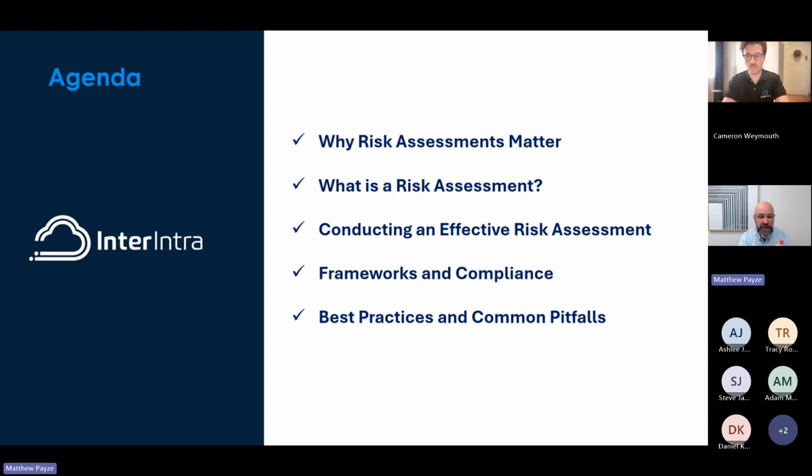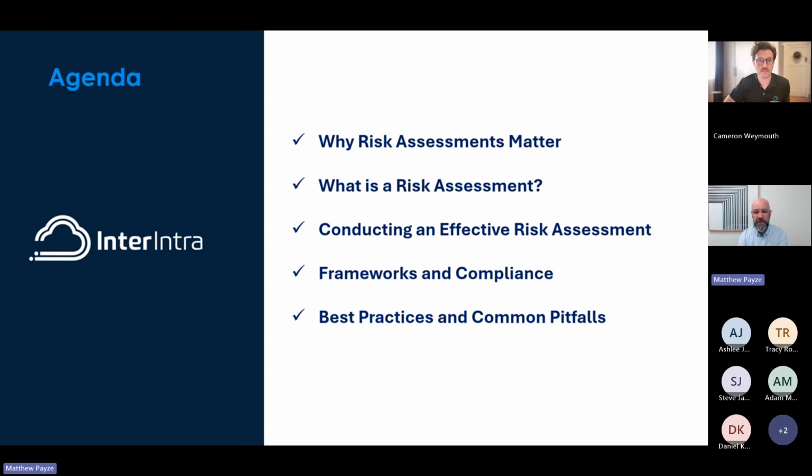As the agenda is outlined here, we'll explore the why, the what, the how risk assessment can enable you as business leaders to make better decisions with the right insights. So hopefully by the end of the webinar, you'll have a decent grasp on how to carry out a risk assessment that's not just a checkbox exercise, but something that genuinely helps protect your business.